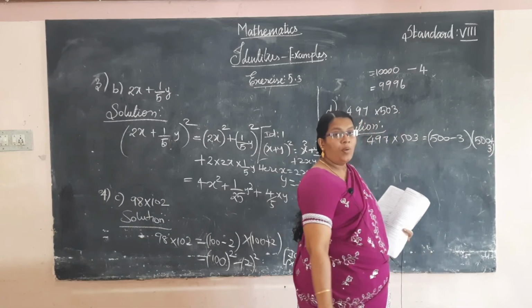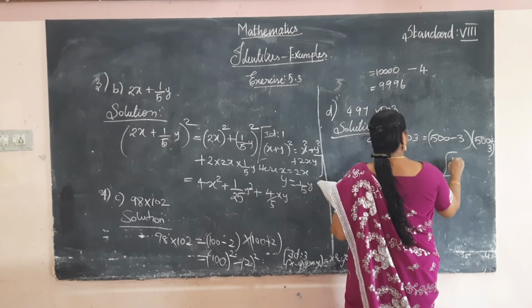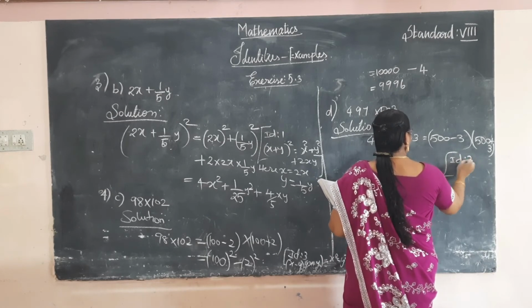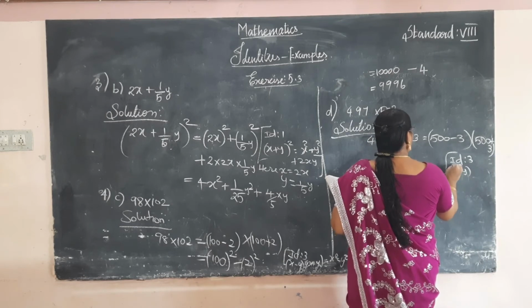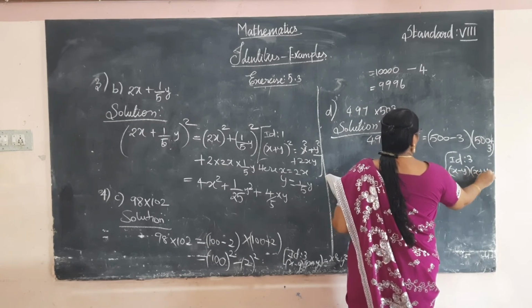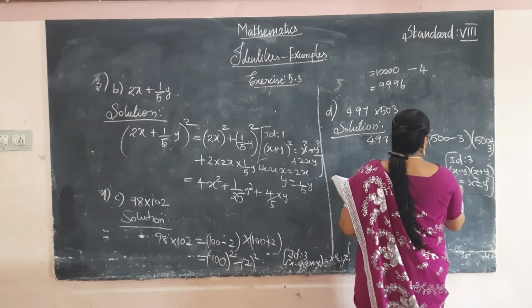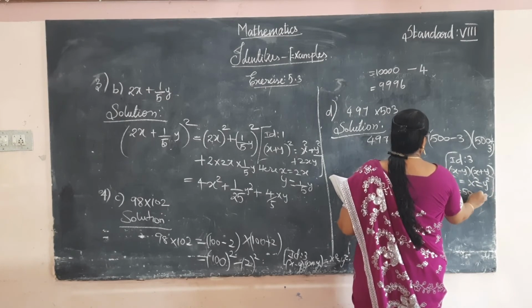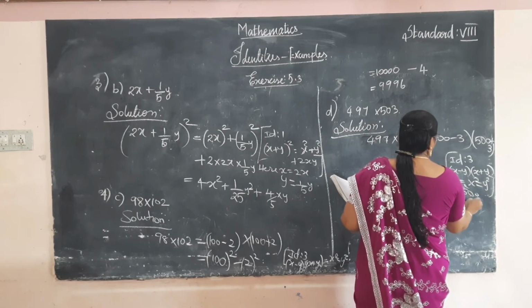It is in the form of identity 3. Write the identity: x minus y into x plus y equal to x squared minus y squared. Here x value is 500, y is equal to 3.